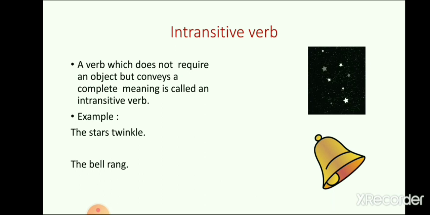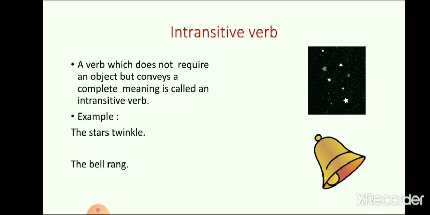The next type is the intransitive verb. A verb which does not require an object but conveys a complete meaning is called an intransitive verb. For example, the stars twinkle. Here, the stars is the subject, twinkle is the action. Is there any object in the sentence? No. Is it asking the question what?